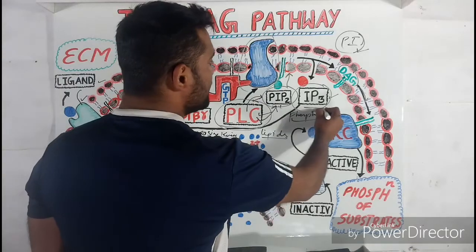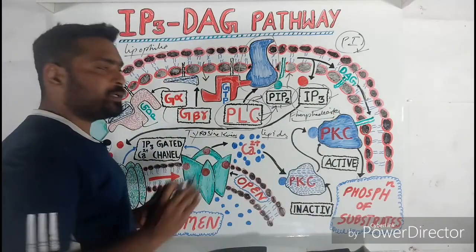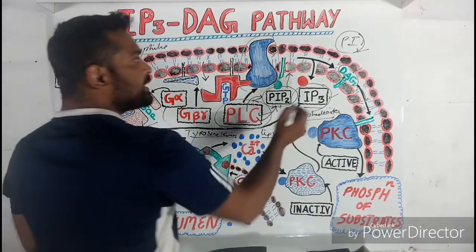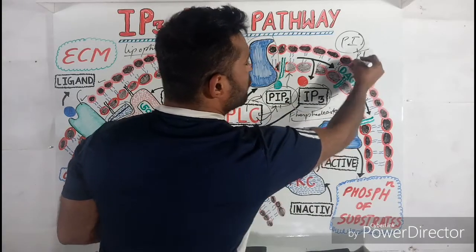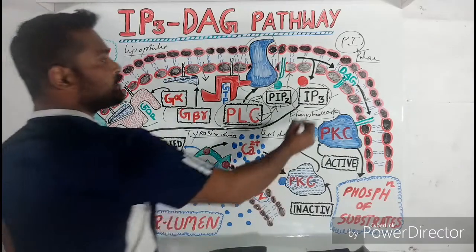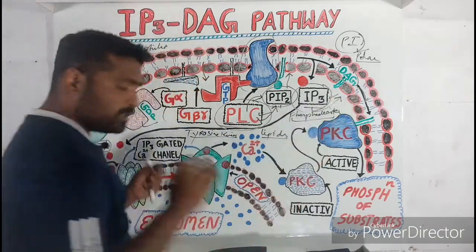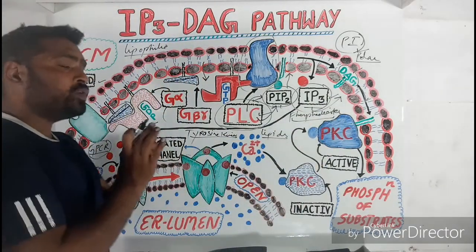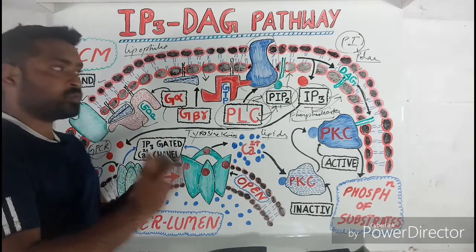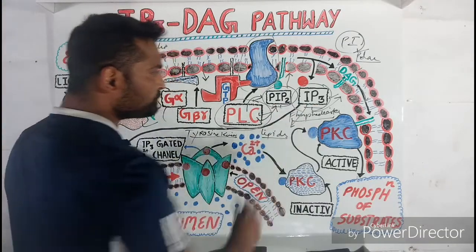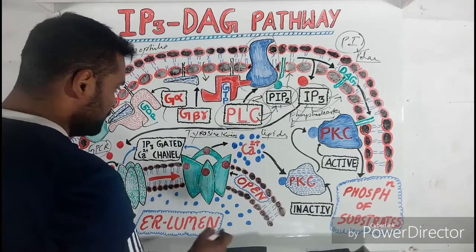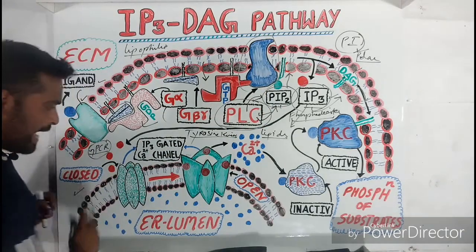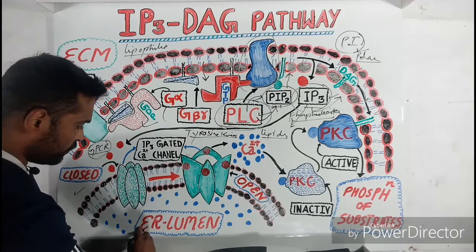And this IP3, inositol triphosphate, is a polar or hydrophilic molecule, so it is not going to stay here. It says, I will go somewhere else where somebody is waiting for me, so it diffuses from here. Now we shift our focus to something else. This is the figure of the endoplasmic reticulum.